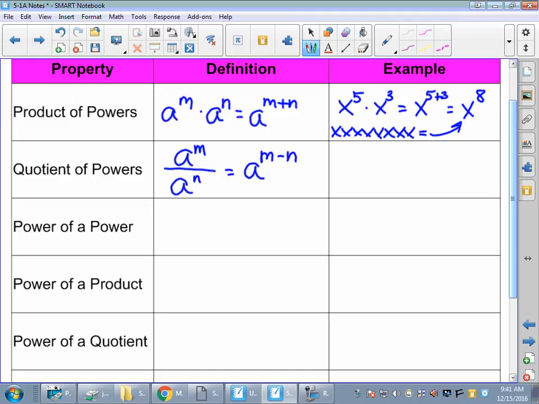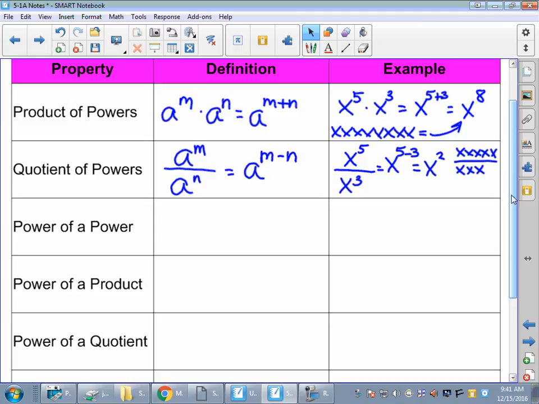To give you an example with variables, x to the 5th divided by x to the 3rd, I can subtract the exponents and I get x squared. To show you an expanded form, I have 5 x's multiplied on top. I have 3 more x's multiplied together on the bottom.